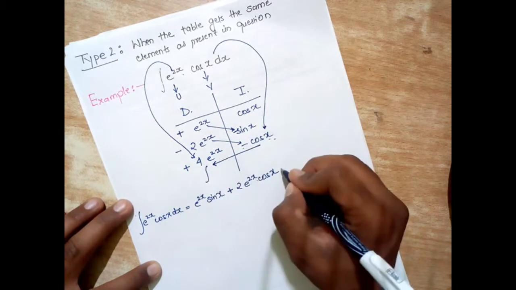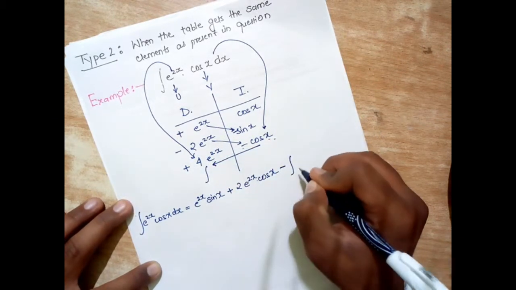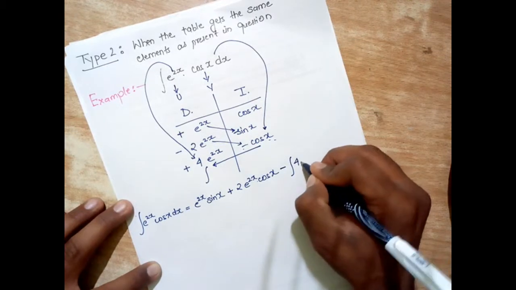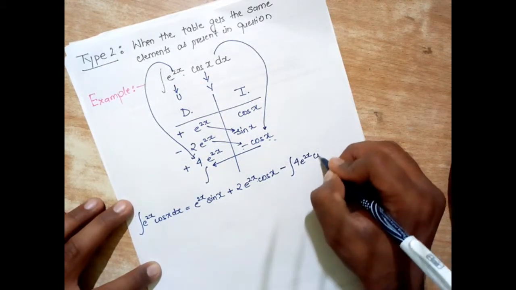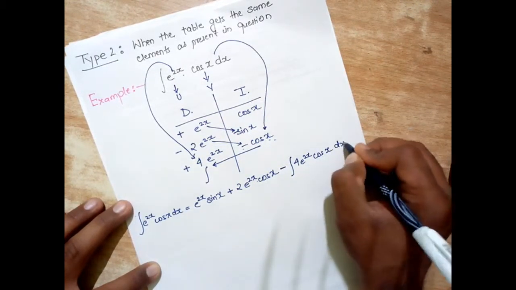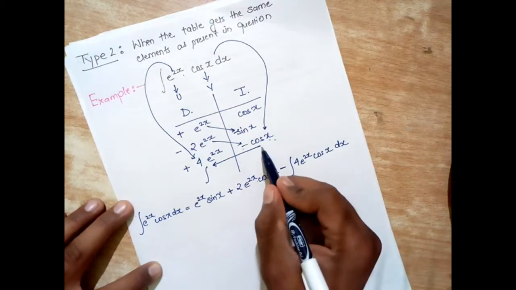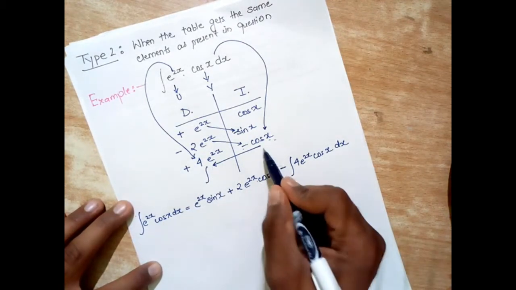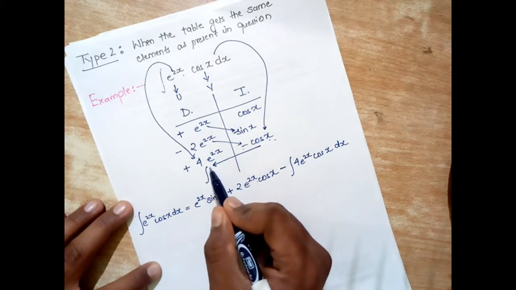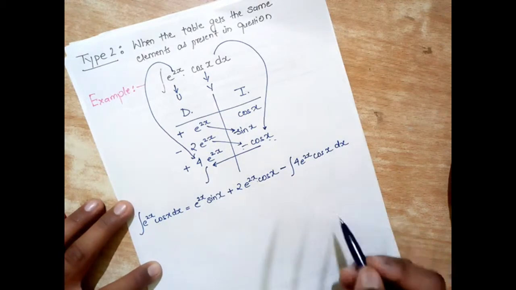So plus minus is going to be minus integration 4e to the power 2x cos x dx. So you understand, guys, what does that mean? The third step would be multiplying the last two elements in an integration.